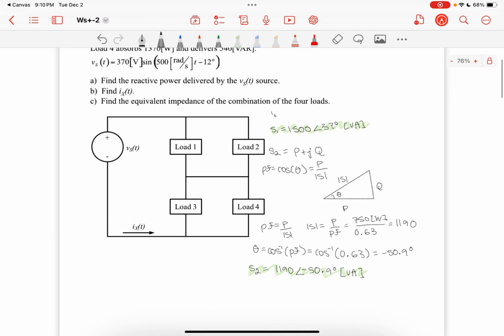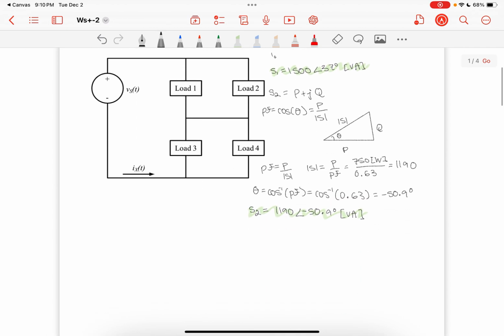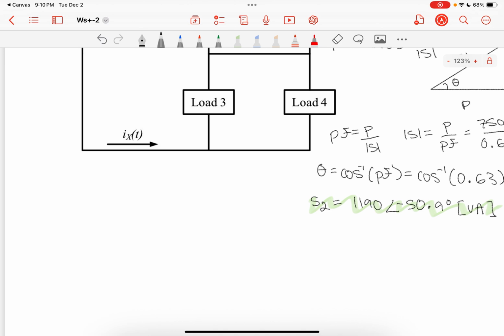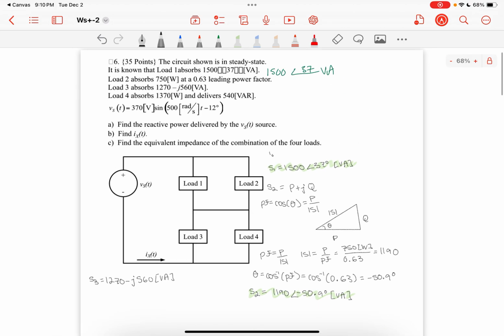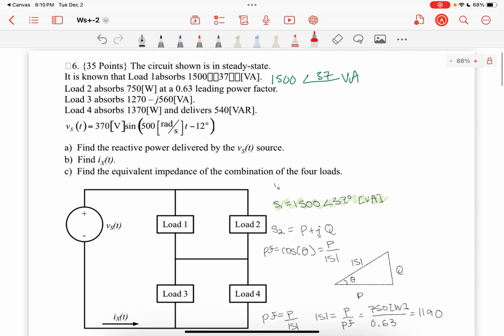Now for load 3 and 4, we're basically already given the power, so S3 is equal to 1270 minus J560 volt amps. And for load 4, we know it absorbs. This is going to be our P right here, the real one, and this is going to be the reactive.